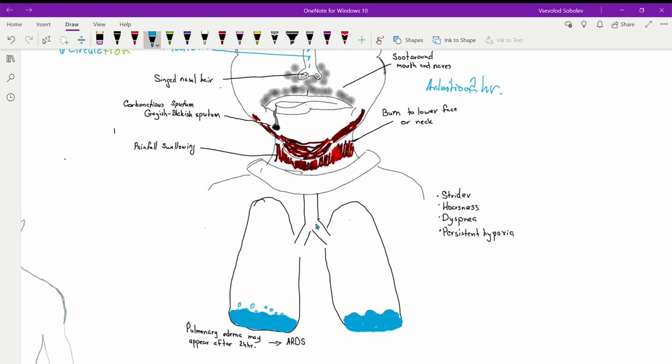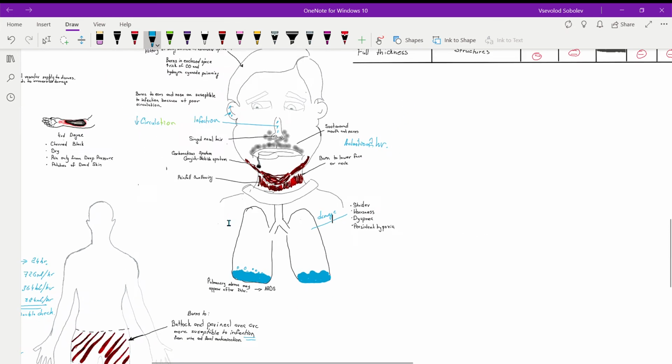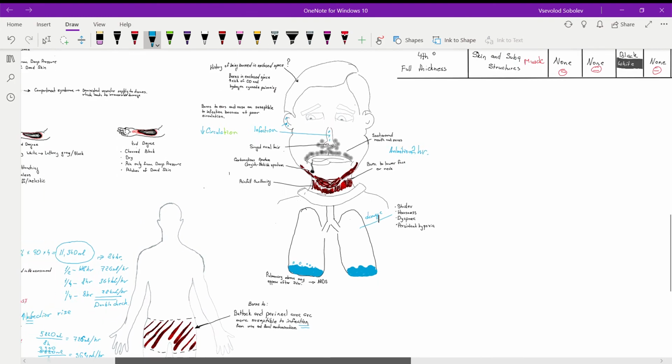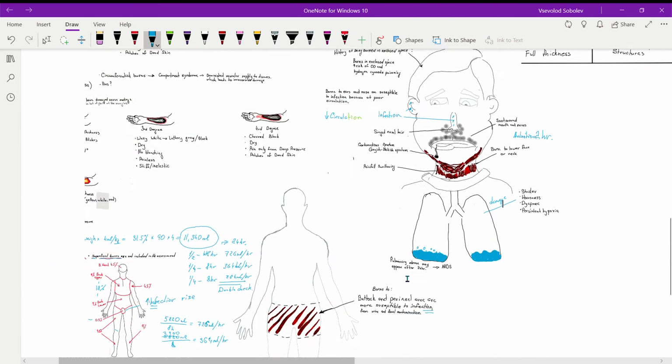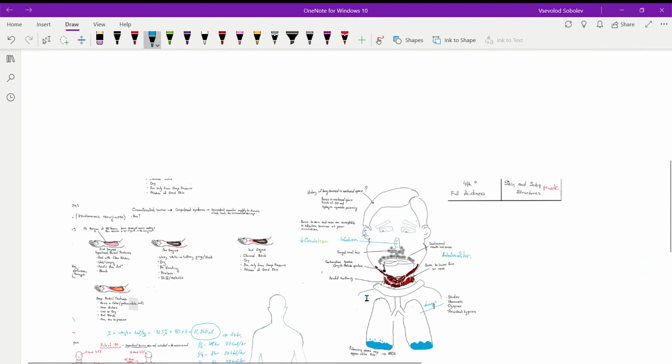If they are hoarse as they're talking, if they're short of breath, or their pulse oximeter shows a low reading, which it might show a good reading, but they really have a bad reading because of the carbon monoxide. So it's a sign of damage to the lower airways.